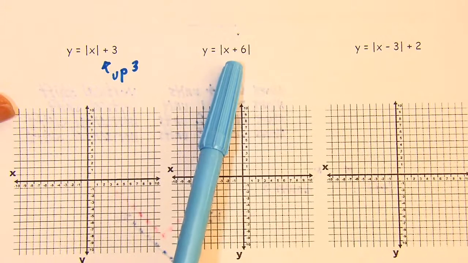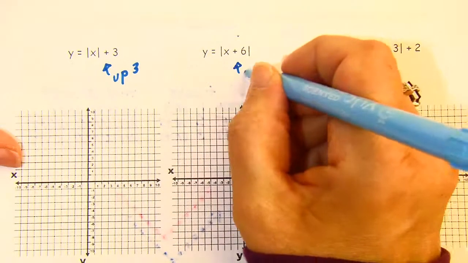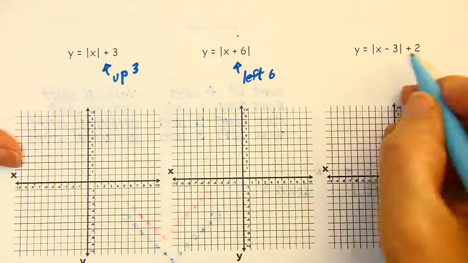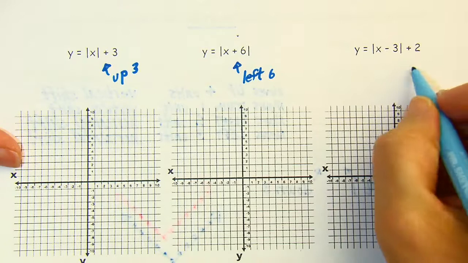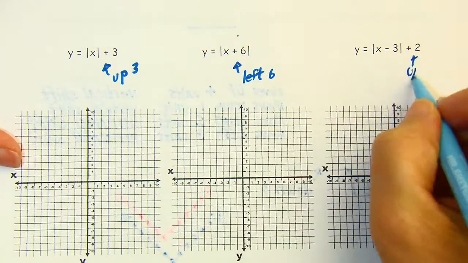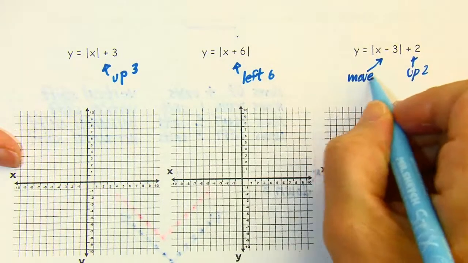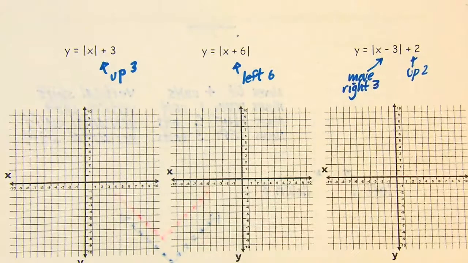It's plus here, which seems like it would be right, but it's not. It's left 6 units. This one, oh, I've got a combination here. This one says move up 2, and this says move to the right 3 units.